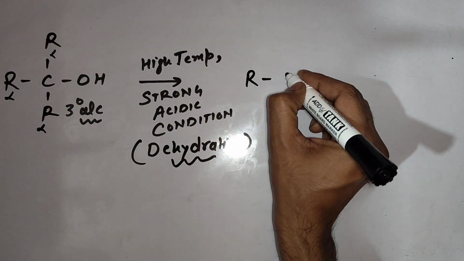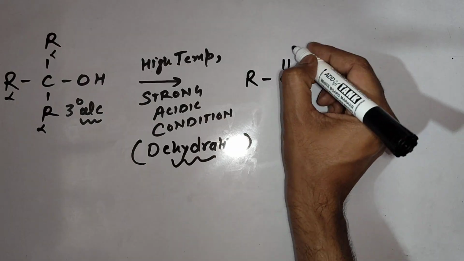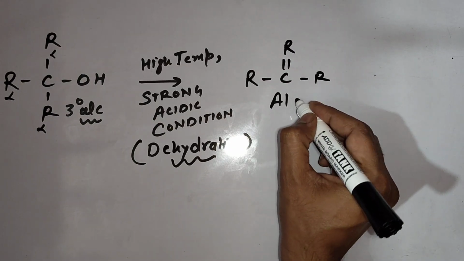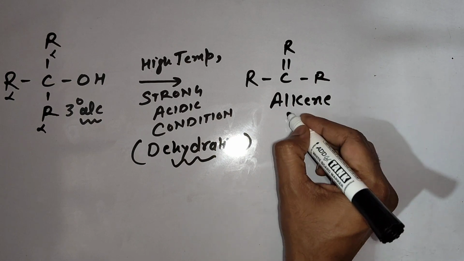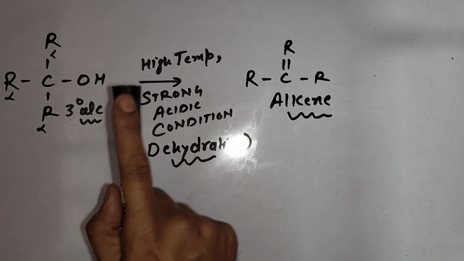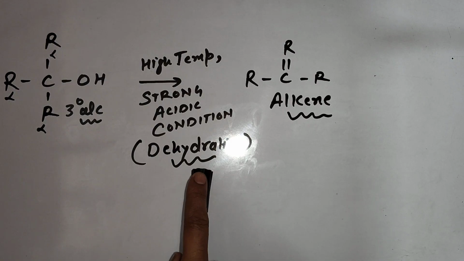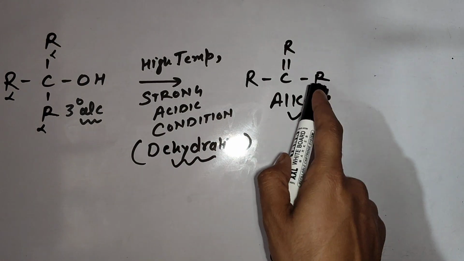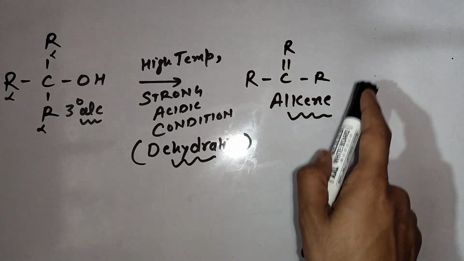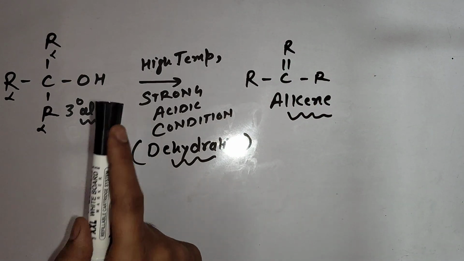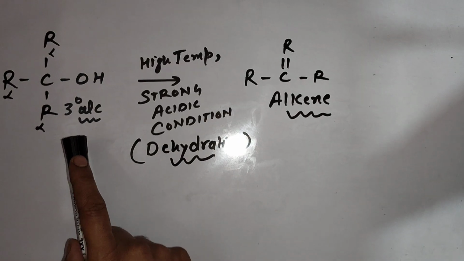So the product generated after dehydration will be, suppose I am making the double bond here, this alkene. 3-degree alcohol firstly shows dehydration in this condition and will create alkene. Now oxidation of this alkene will happen further. Please note down, direct oxidation of 3-degree alcohol will not happen.